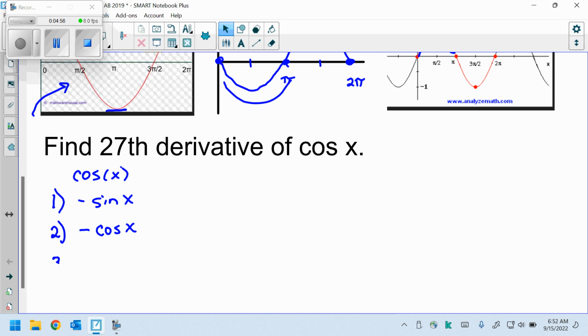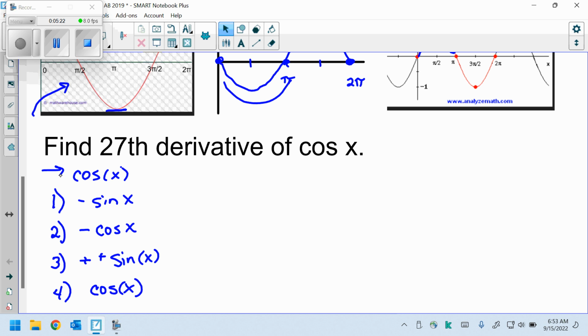Third derivative, the coefficient comes along for the ride. The derivative of cosine is negative sine, which turns this into a positive. And the fourth derivative is cosine. So we're back to where we started.